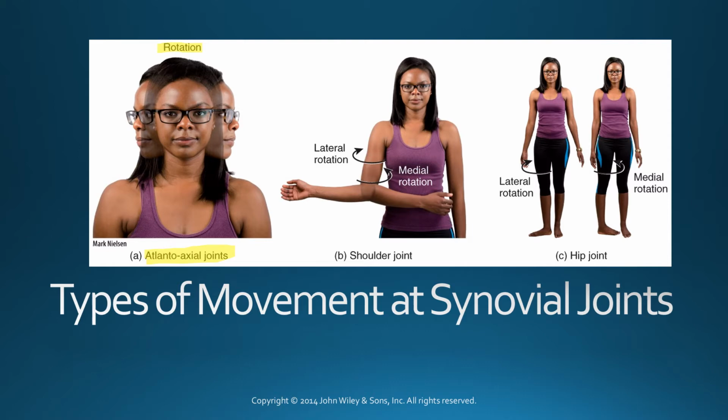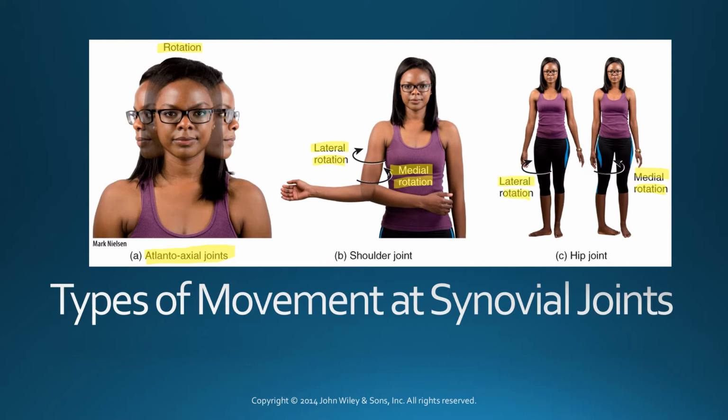If the anterior surface of a bone of the limb is turned toward the midline, the movement is called medial rotation. If the anterior surface of the bone of a limb is turned away from the midline, the movement is called lateral rotation.